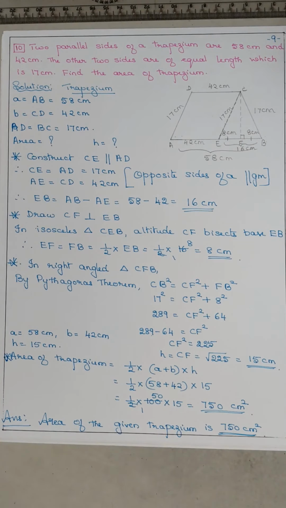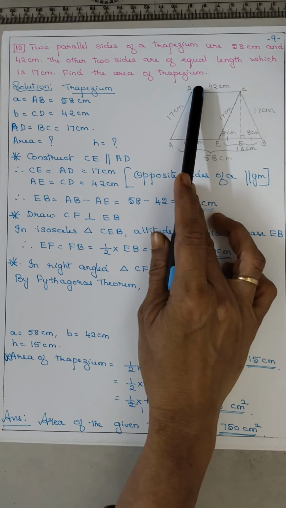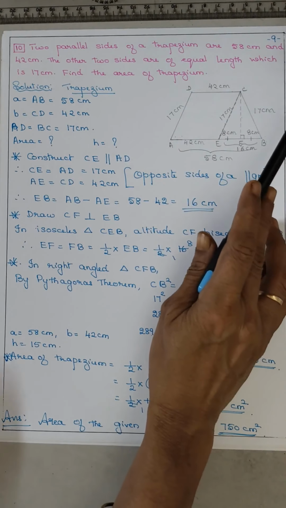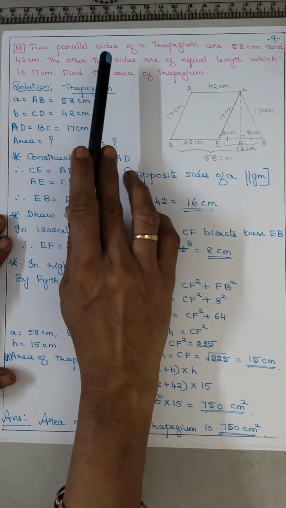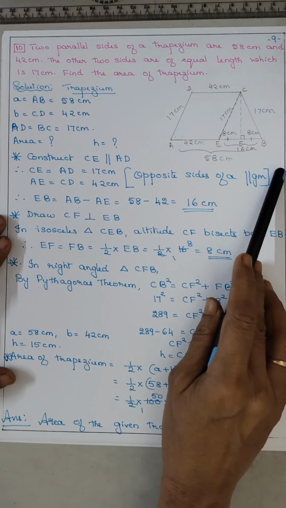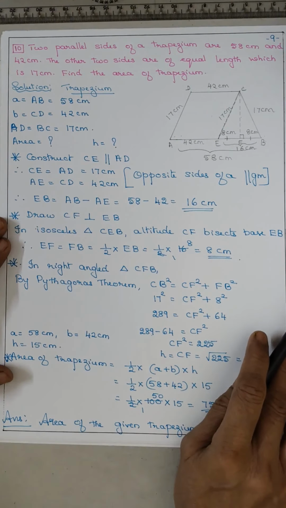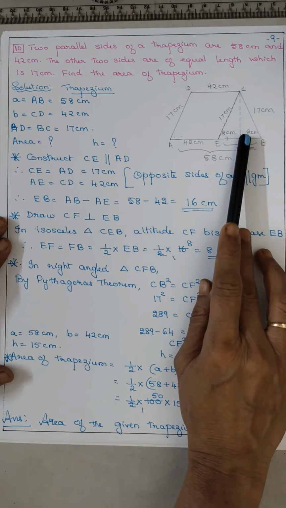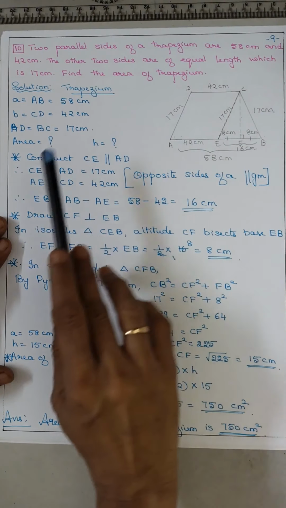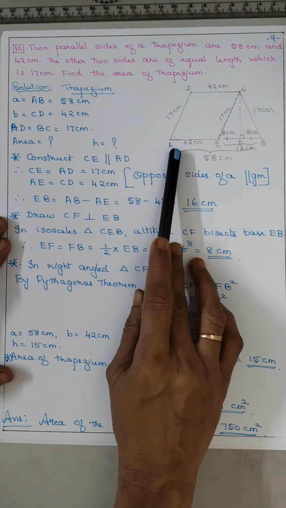So first, understand the sum. 2 parallel sides are given. Height is not given. They have told the other 2 sides are equal. Means the non-parallel sides are equal. That means it is an isosceles trapezium. So in that case, to find out the height, first of all, first step is construct CE parallel to AD.